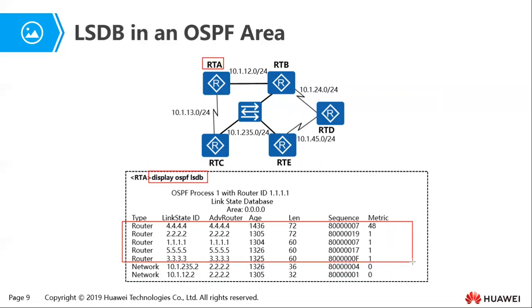We have 5 type 1 LSAs, meaning that each router has produced an LSA. You can see that from the advertising router column, that we have a router LSA type 1 from router 4, from router 2, from router 1, from router 5, and from router 3.